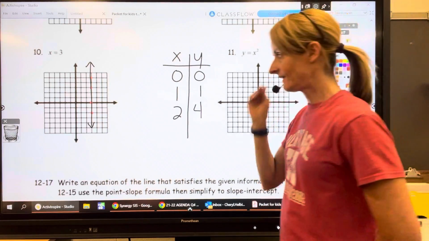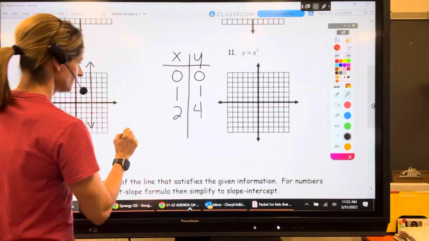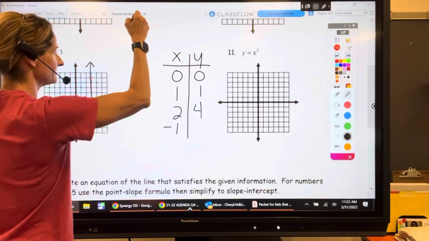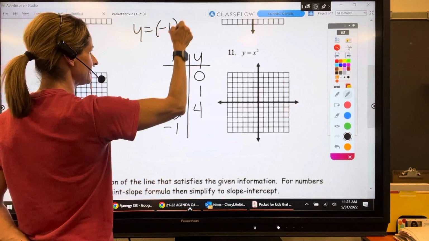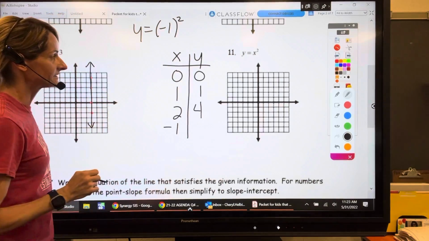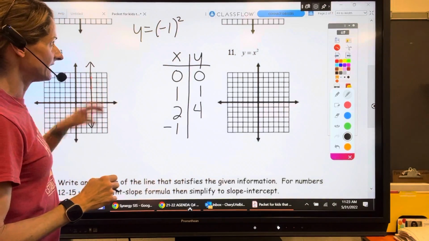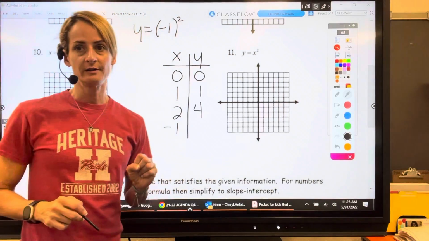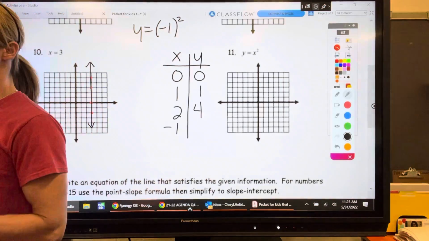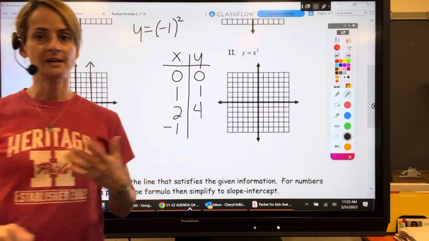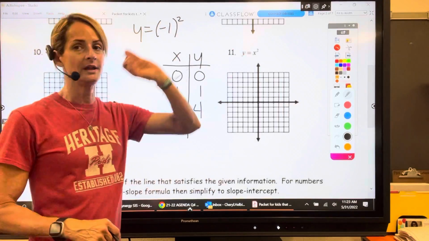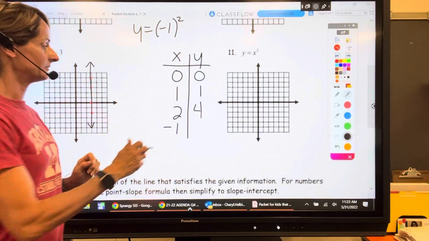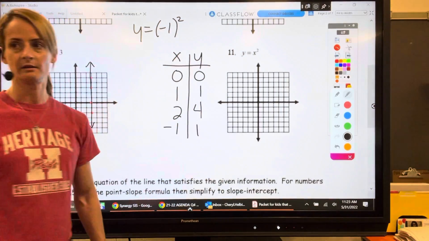Now, if I square a negative number, like if I put in -1, what happens? y equals the entire quantity -1 has to be substituted in for x. So that entire quantity -1 is squared, and that means -1 times -1. Negative times negative is a positive. So if I input -1 for x, I'm going to get a positive 1 for y.